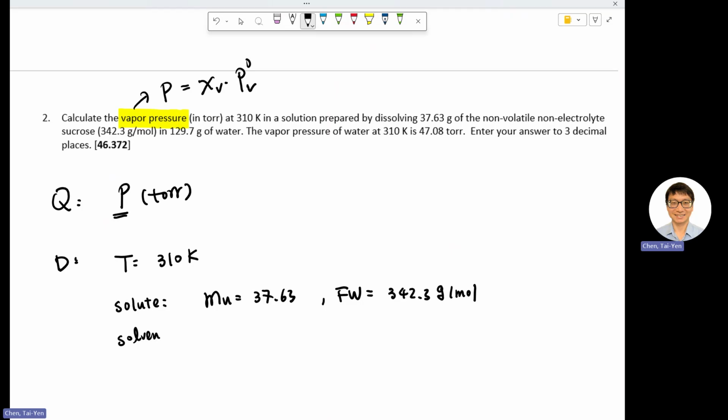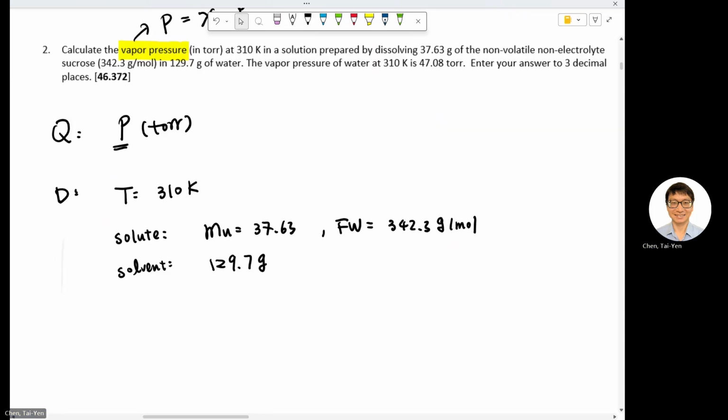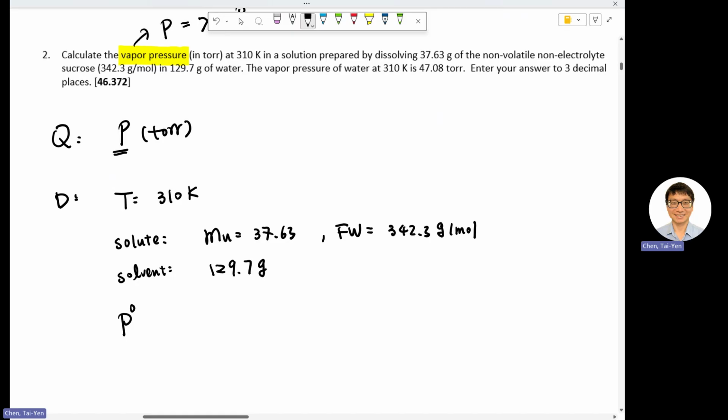Your solvent is apparently water, and you have 129.7 grams. The vapor pressure of your pure solvent is 47.08. That's all the information I can pull out from the question.